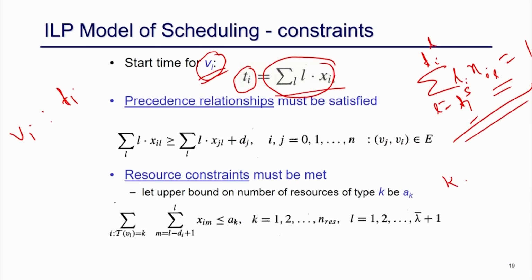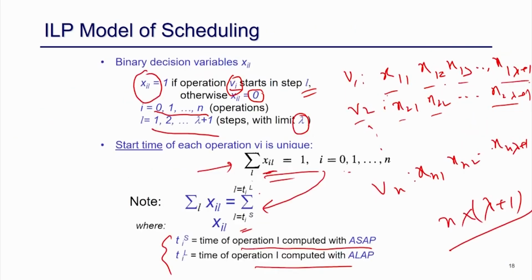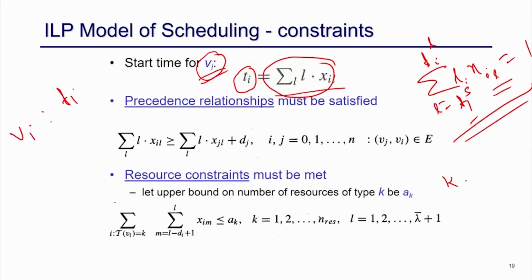Now, the first constraint is that the start time must be unique, which is given by this constraint. Then I have to make sure the precedence relationship is satisfied, right. For example, suppose you have an edge from Vj to Vi, and Vj takes, say, dj time steps, that is, the number of cycles required to execute it is dj.